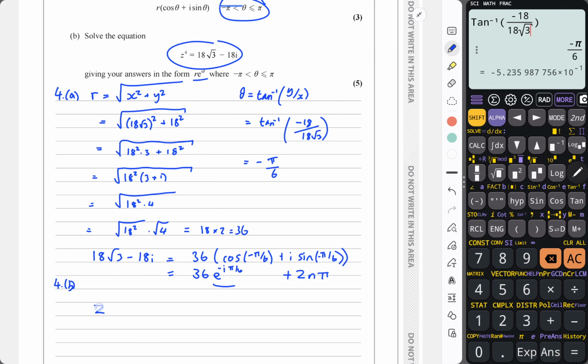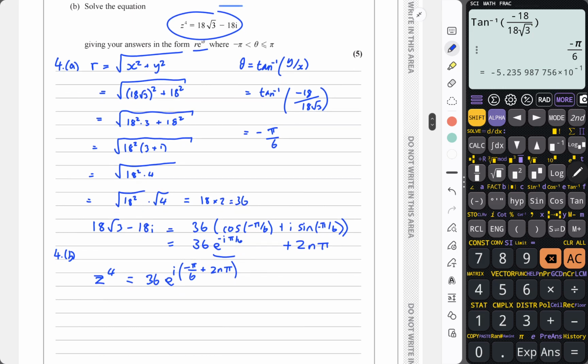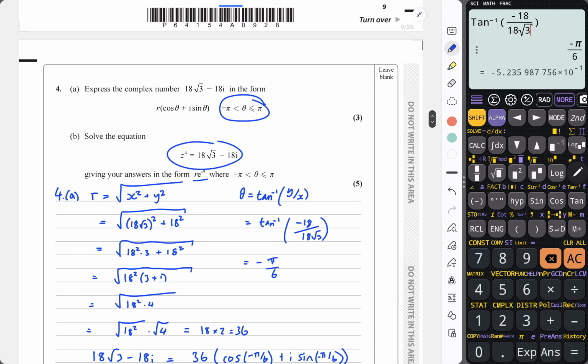So we are trying to solve z to the 4 is equal to 36 times e to the i (minus pi over 6 plus 2n pi), where n is an integer, obviously. This is just our argument for going beyond. So we've got z to the power 4, and we're going to divide the index by 4, to keep it in that range.